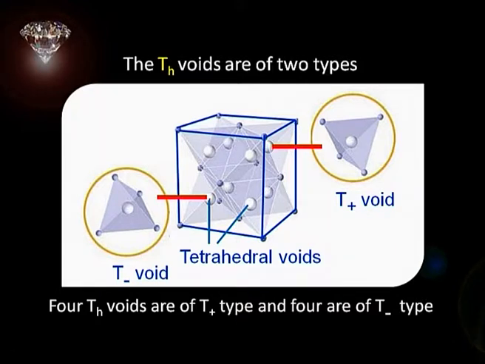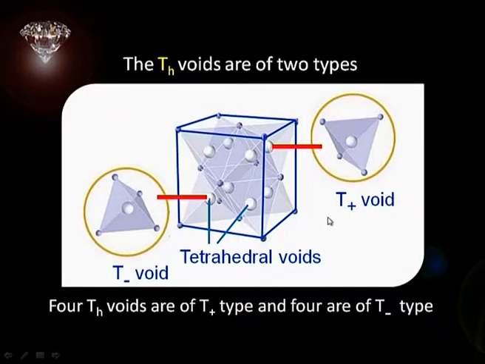So, there are 2 types of voids there. There are T minus voids, there are T plus voids. And if we analyze each one of all the 8 of them, we find that 4 are T minus type voids, 4 are T plus type voids. This is very, very important, because if you go further into this, we find that if this is T minus, the tetrahedral void next to that will be T plus, next will be T minus, then T plus, and so on and so forth.